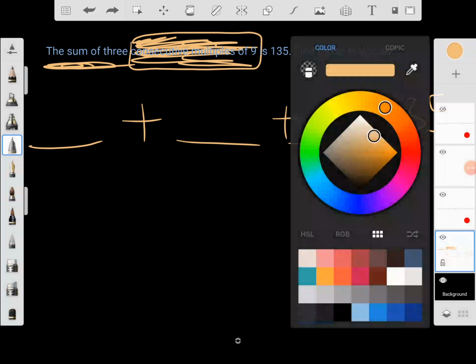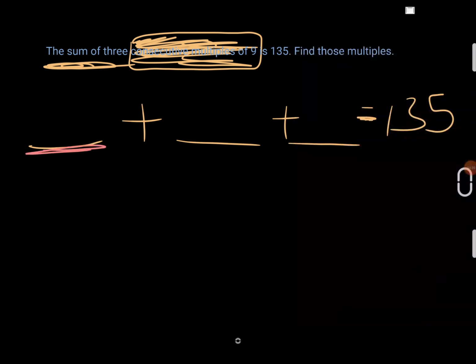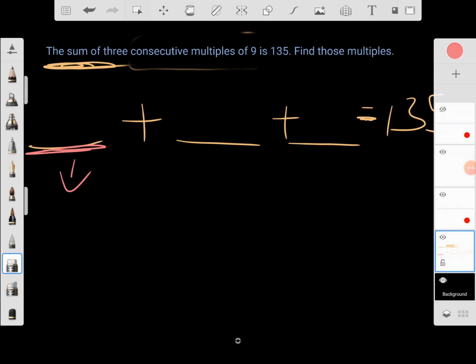So now what we need to do is find what this blank is. For that, I need to take this off now. We see that it is a consecutive multiple of 9.